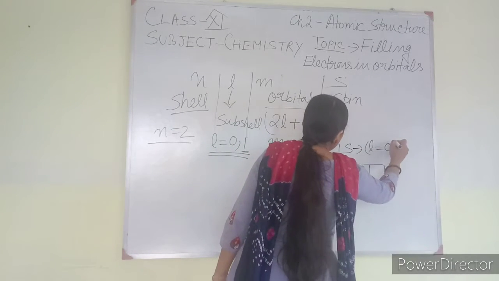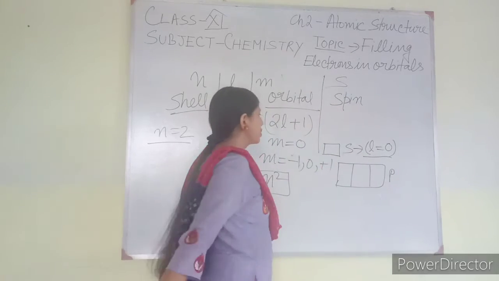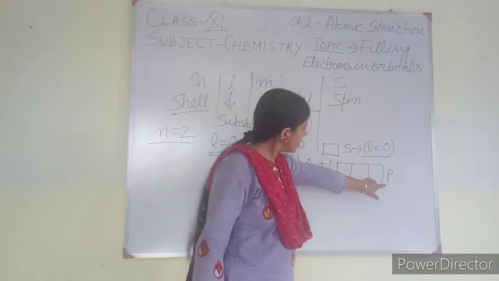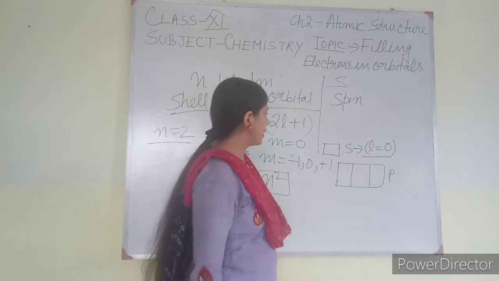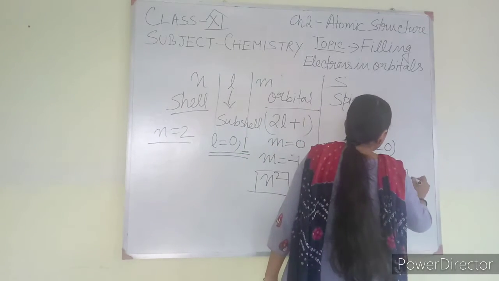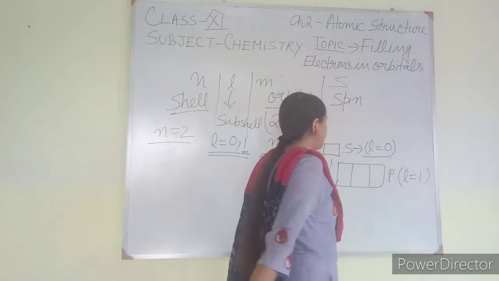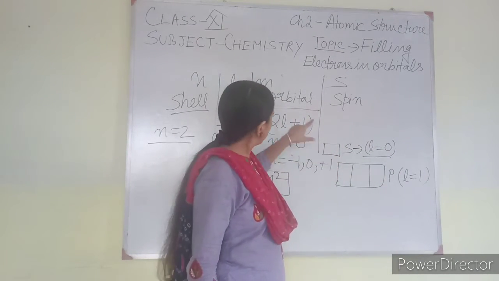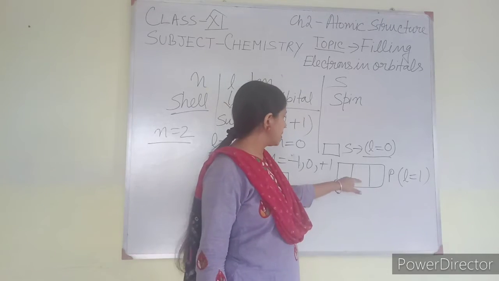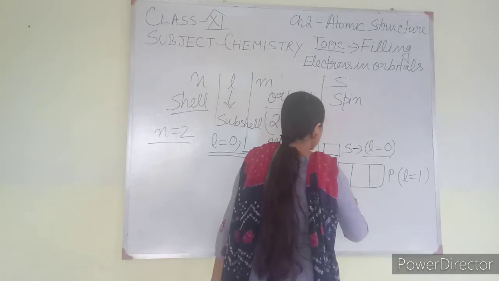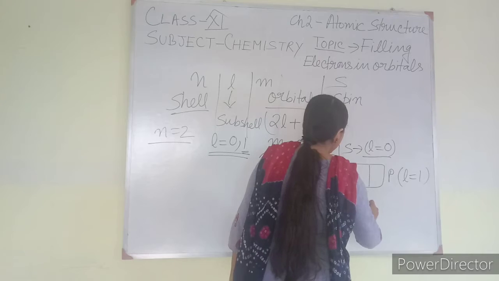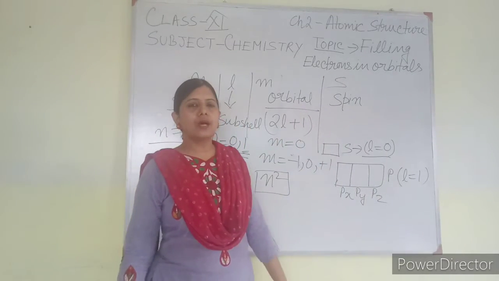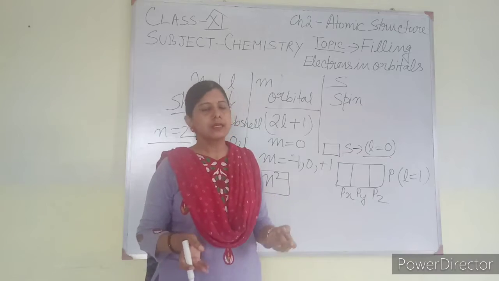If L equals 0, I get S, and this is the orbital for it. Now P, when L equals 1, is called P. In that case, it is divided into 3 magnetic quantum numbers, represented as Px, Py and Pz. So this is the way you have to write the orbitals.